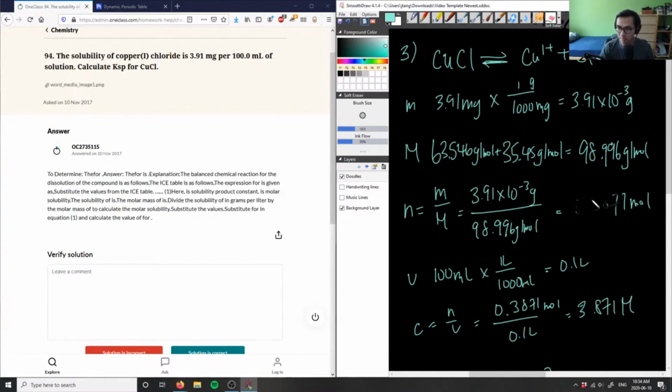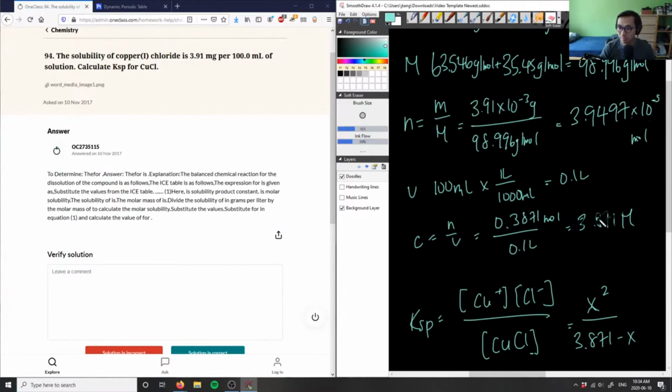So this here is my bad. I think I plugged in a multiplication operation in my calculator, and not a division. So this guy here is actually 3.9497 times 10 to the negative 5 moles, which means it would give me 10 to the 4 for my concentration here.